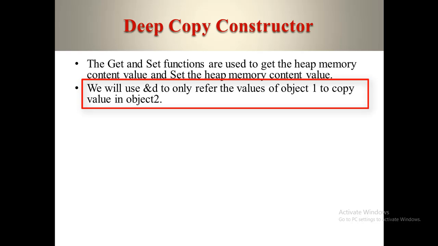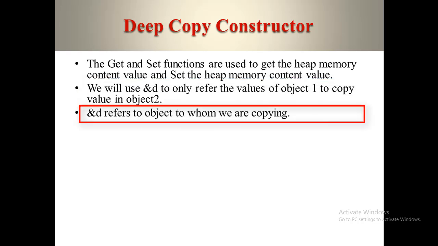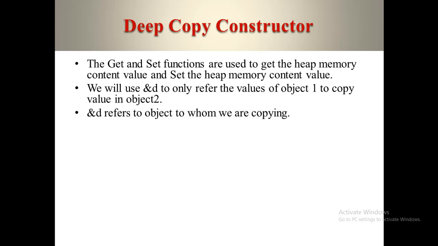We use the reference of D only to refer to the value of object 1, to copy the value into object 2. Reference D refers to the object from which we are copying.